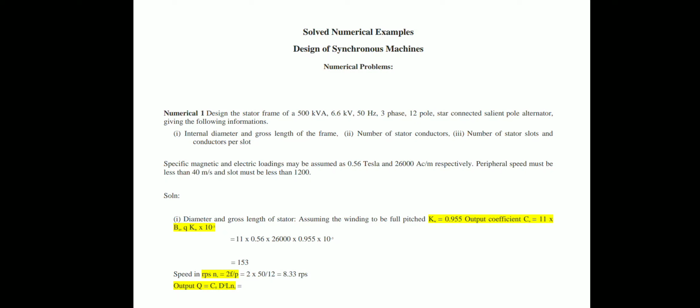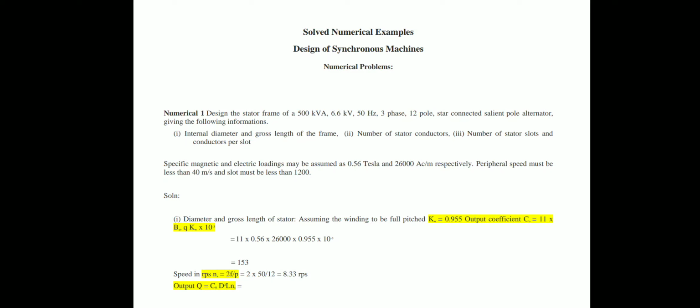Diameter and gross length of stator: assuming the winding to be full pitched, Kw is equal to 0.955 and the output coefficient, represented by C0, is equal to 11 into BAV into q into Kw into 10 raised to power minus 3.